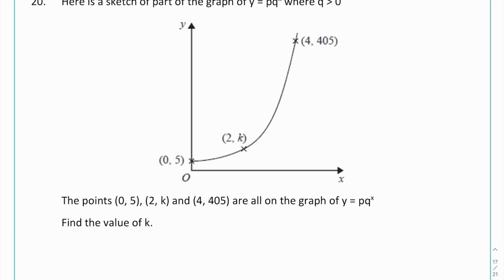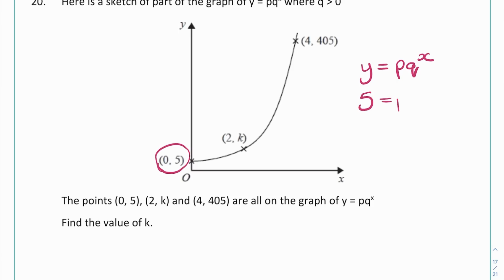Now, with this question, usually with an exponential graph, it crosses through 1 on the y-intercept. Now this one crosses through 5. And that's why we need to have a look at that coordinate to start with. So looking at our equation, we have y is equal to pq to the power of x. Now using this coordinate, we know that the y coordinate is 5.